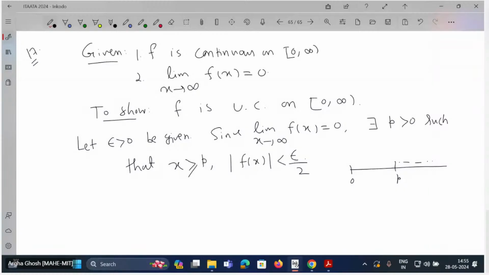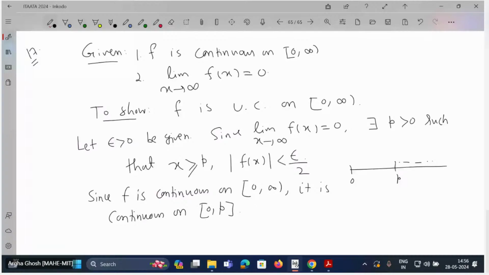Now in between 0 to p, since f is continuous on the whole positive line, 0 to infinity, it is continuous on the closed interval 0 to p.